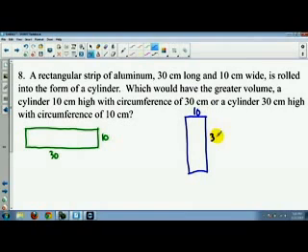This will be our 30. When we roll it this way, then we will have this cylinder whose height is 10 and the circumference is 30.